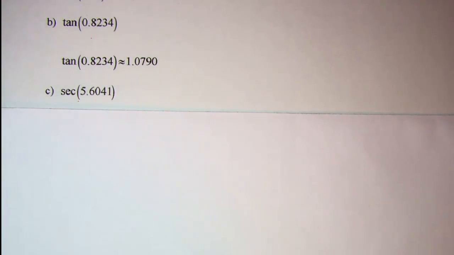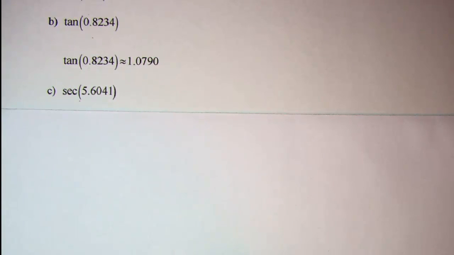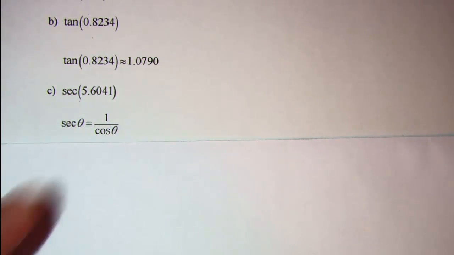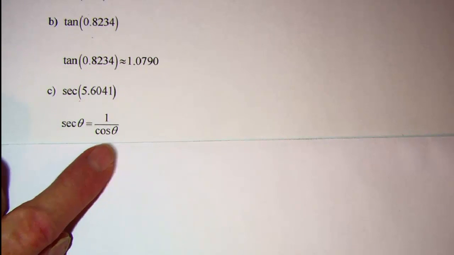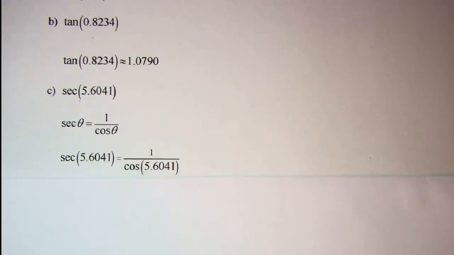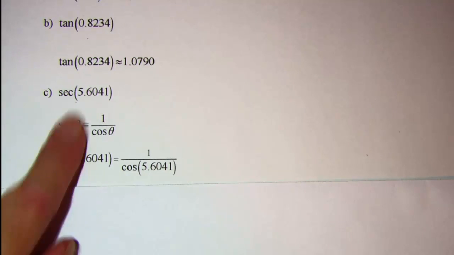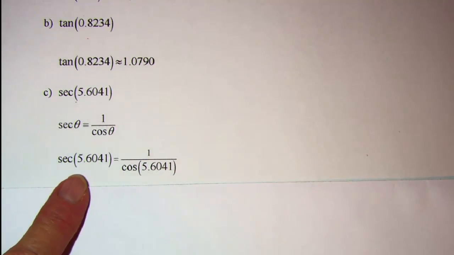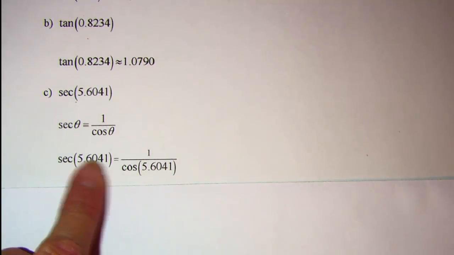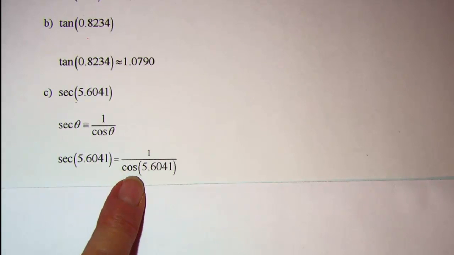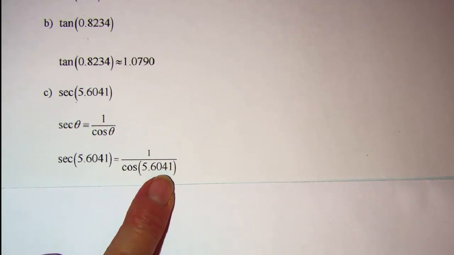My next one, this is a reciprocal function. So before you can put anything into your calculator, you need to use your definition of reciprocals. Remember that secant is the reciprocal of cosine. So secant of theta is equal to 1 over cosine theta. So I'll write then secant of 5.6041, which is what I'm looking for, is equal to 1 over the cosine of that angle.